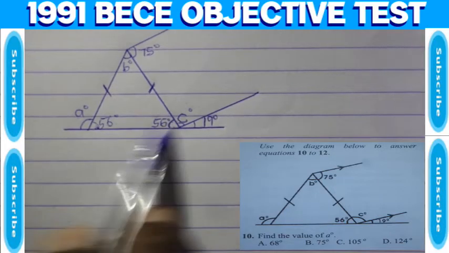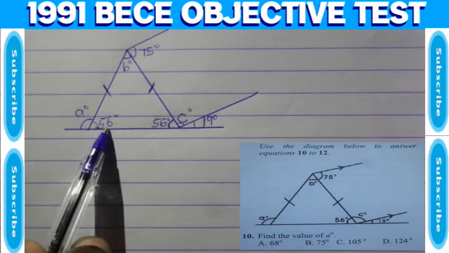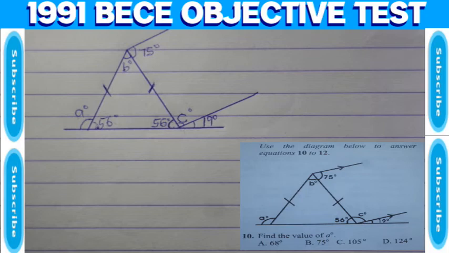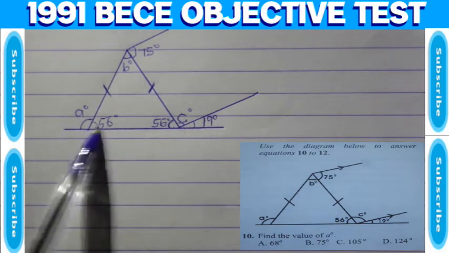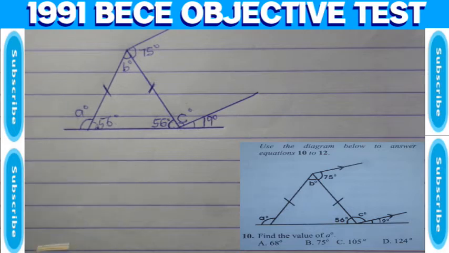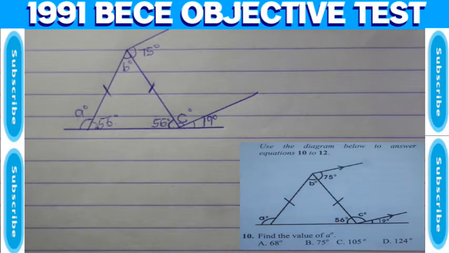Because the base angles over here are the same, we add A to 56, and that will give us 180 degrees, because angle A over here and this 56 degrees are adjacent angles on a straight line. Do we get it? When you sum them up, their sum will be equal to 180.